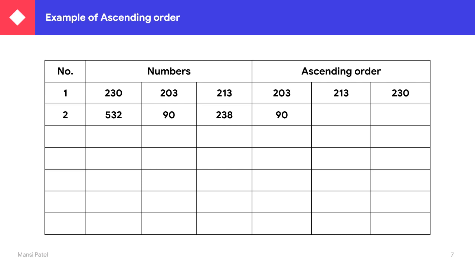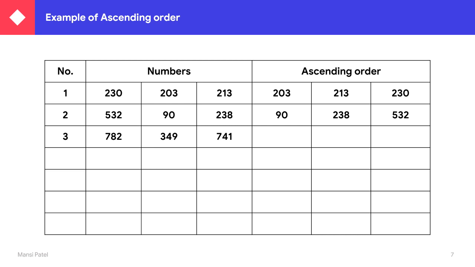The rest of the two numbers are 532 and 238. From these both, which one is the smallest? 238 is the smallest number. So write down 238 second, and then the remaining one, which one is remaining? 532.